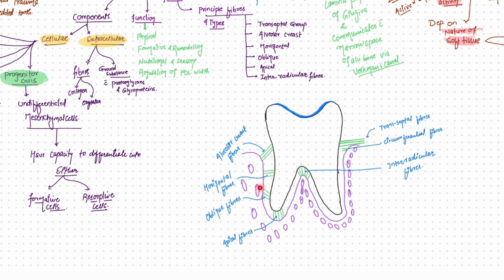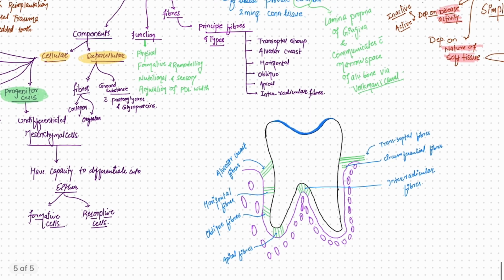The name itself signifies that this is oblique and this is horizontal in direction. Apical means the location of the fiber, that is, the apical fiber is present apically. Then the interradicular fibers: in multi-rooted teeth, there is the interradicular area where the fibers present are called interradicular fibers. Then the transseptal fibers and the circumferential fibers. These are the types of principal fibers, on which a 3 marks question always comes in the first year.